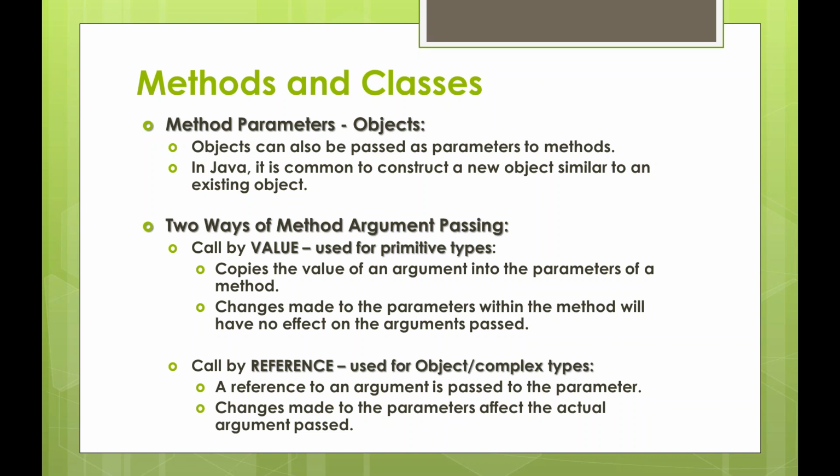One is call by value. This call by value is always applicable whenever a primitive data type is passed. What is call by value? Whenever you pass a primitive value while calling a method, if you try to change that value within the method, the value will not get changed when you come out of that method.